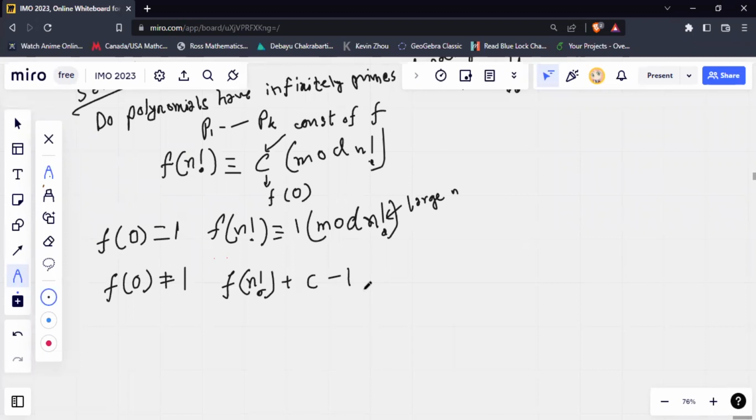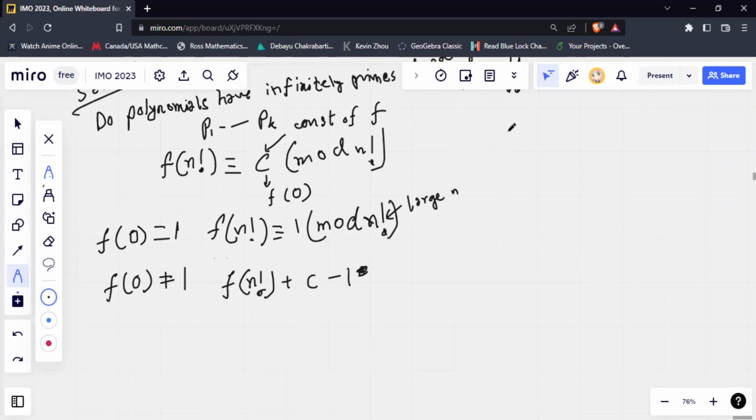No, right. Why? Because look, this constant term can be really bad. So now take n factorial such that this f of n factorial will be divisible by n factorial.